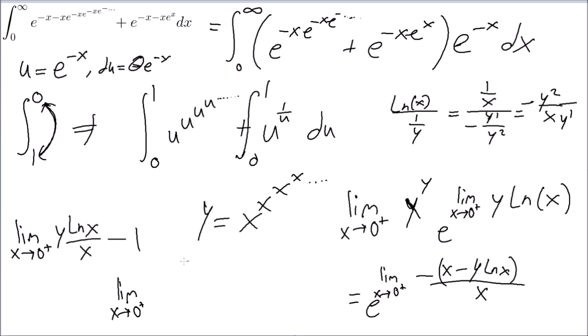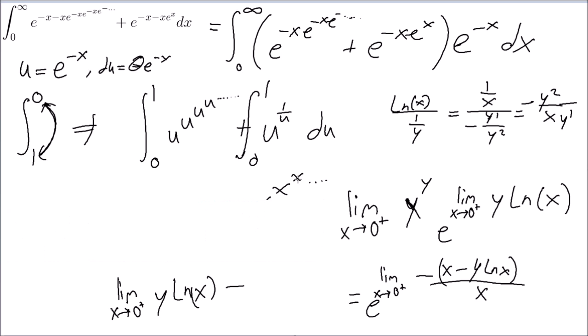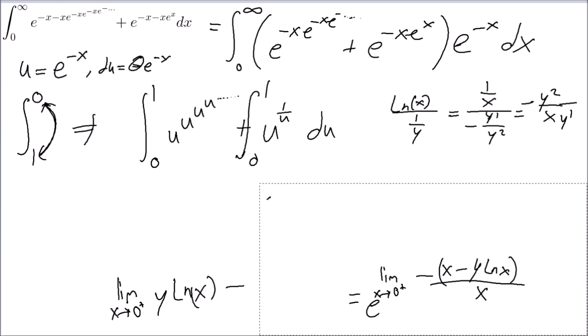And so we're literally back to y ln of x, except that this time we have a minus 1. And so what's going to happen is if we keep doing L'Hopital's rule here, we're literally going to get, I cannot believe this. Please make a video if there's a better way to do this.